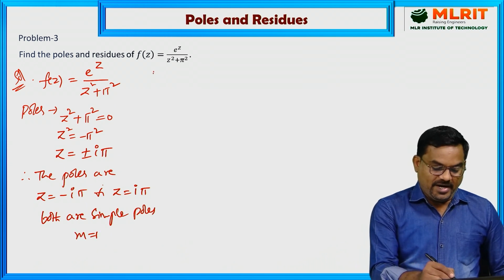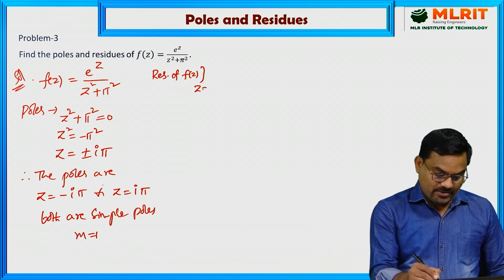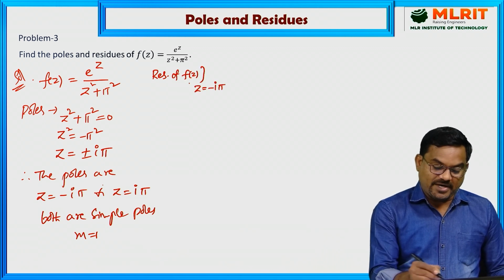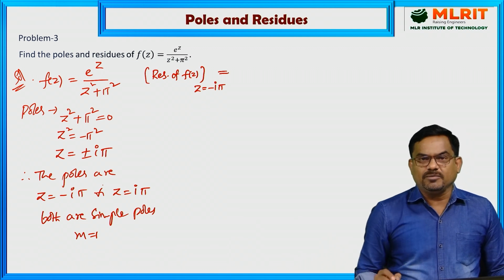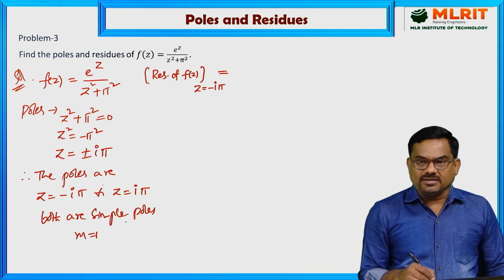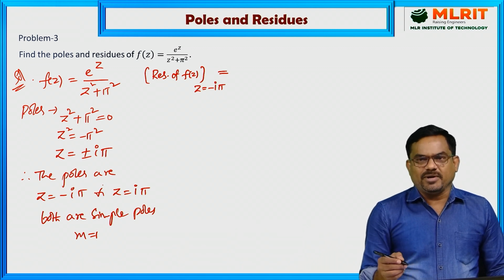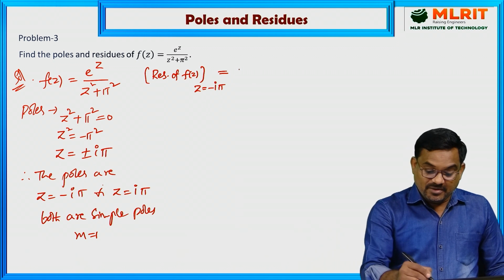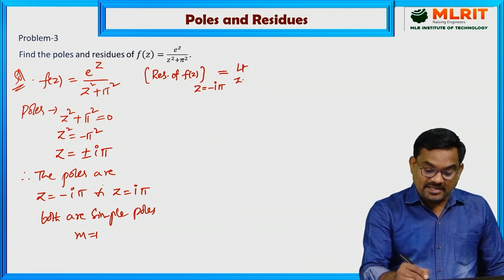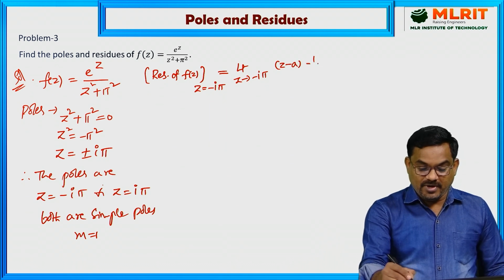So to find the residue of f at z equal to minus i pi, let us find the residue at z equal to minus i pi. So both are of order 1, simple poles. No need to differentiate that z minus a power m into f of z. So simply we can find the limit as z tends to minus i pi, z minus a into f of z.